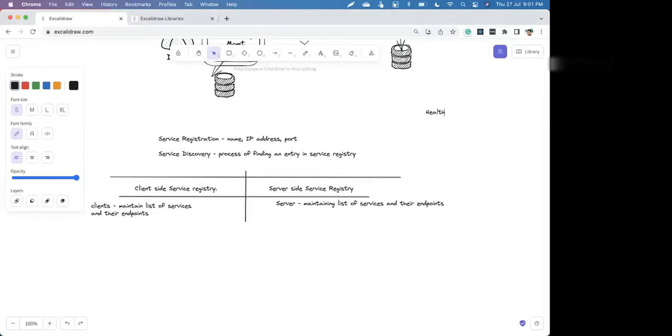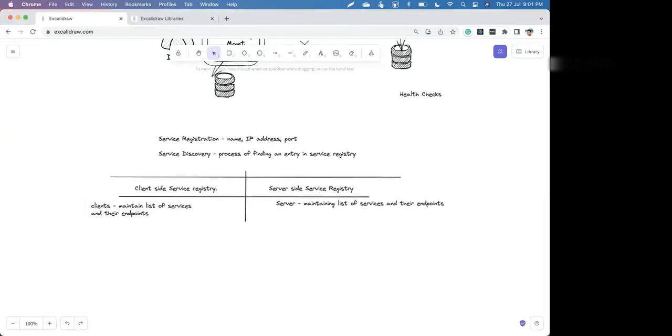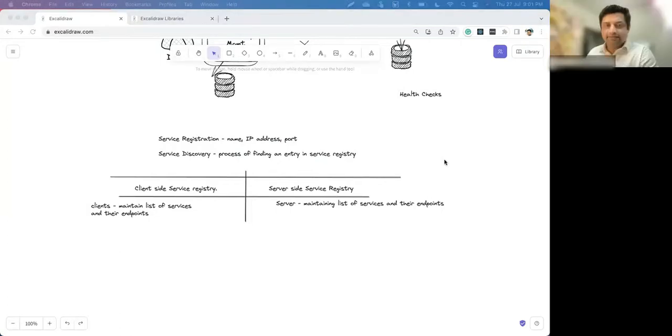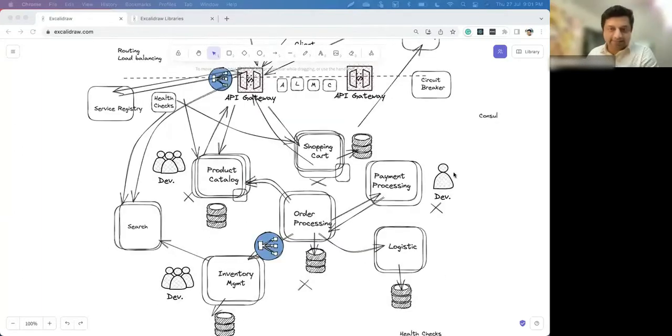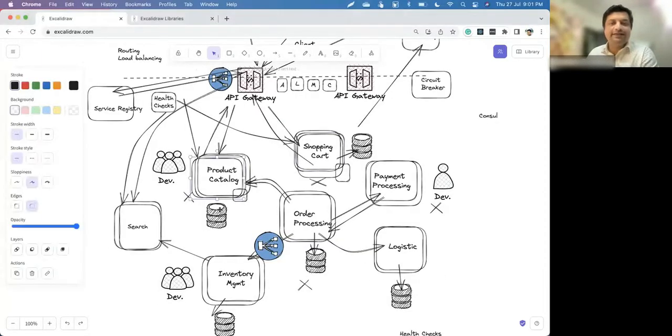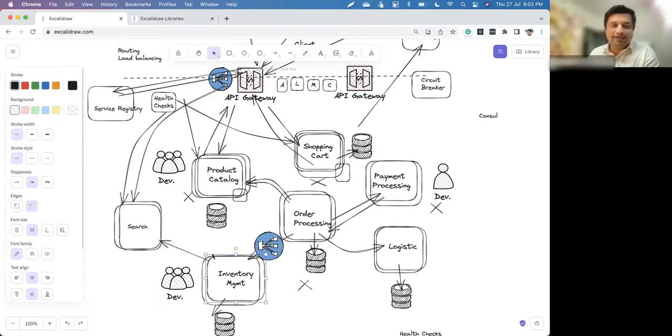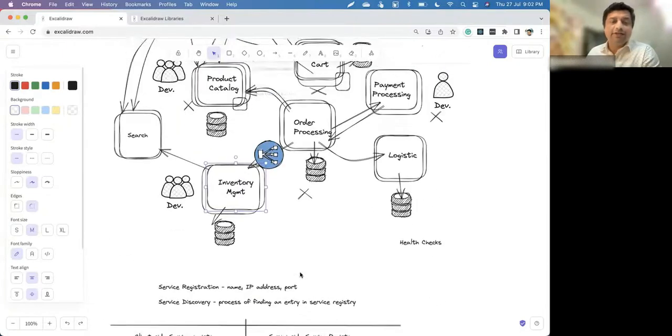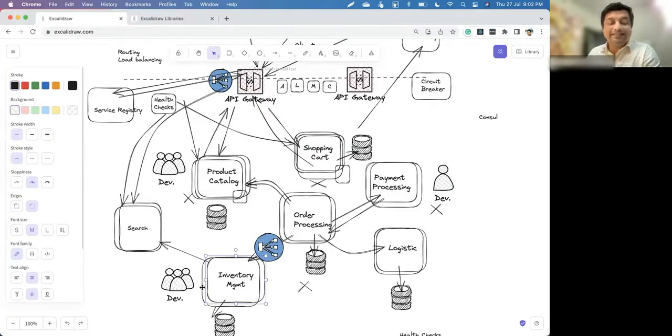What is the advantage of this kind of service registry? In microservices architecture, you will have so many services, and these services will dynamically change their addresses and ports. Flexibility is the advantage because you can't know how many instances there will be.